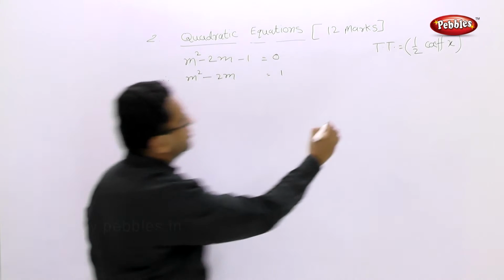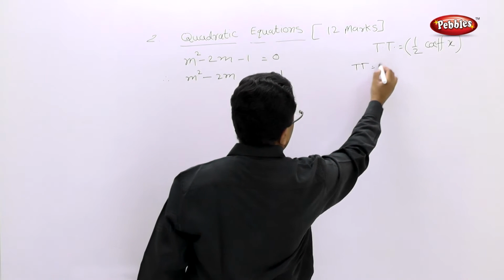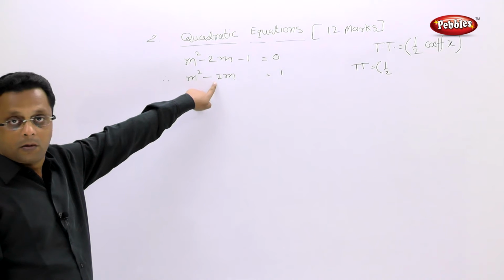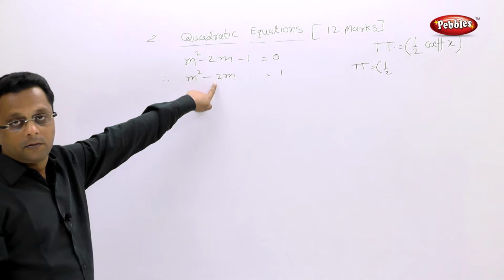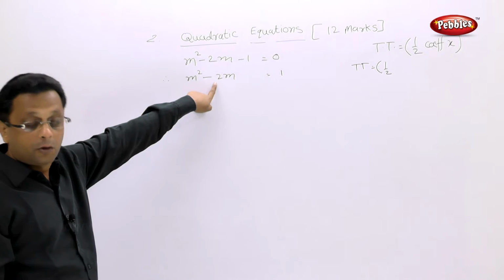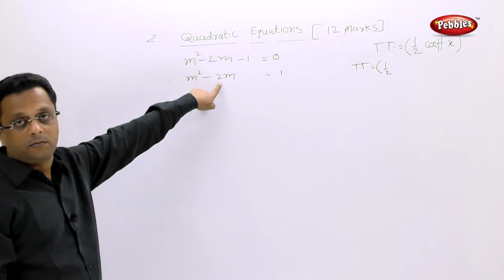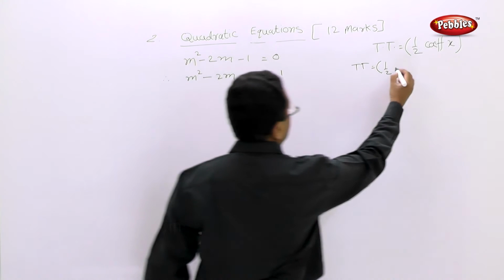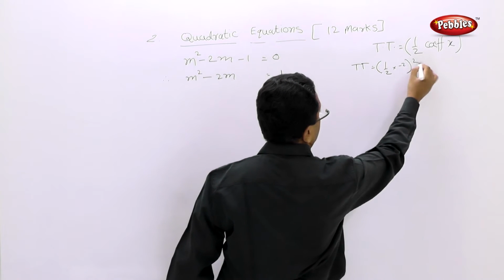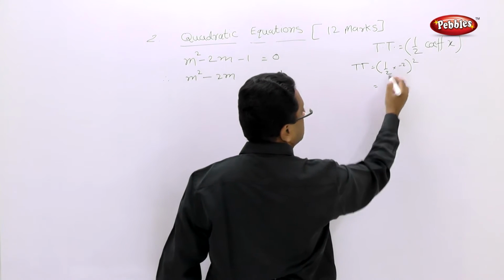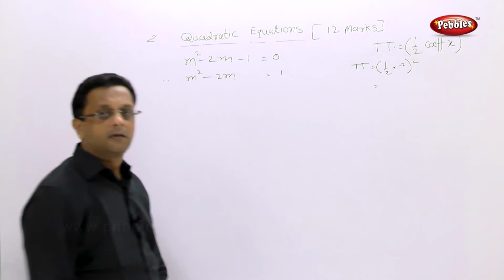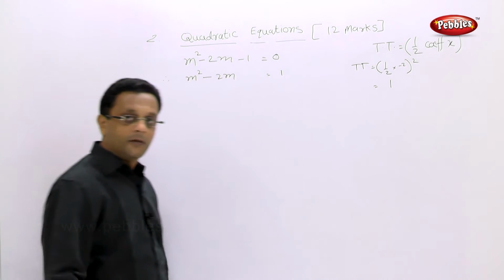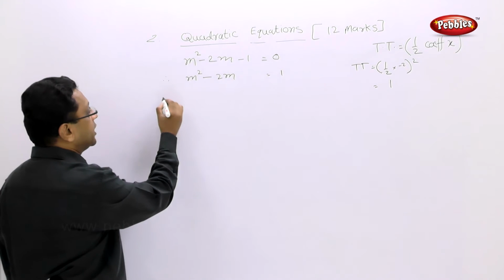Now what is the third term? Third term is half into 2. Is it? No, it is minus 2. Don't forget the sign. Half into minus 2, bracket square, that is minus 1 square, which is 1. I will add this to both the sides.